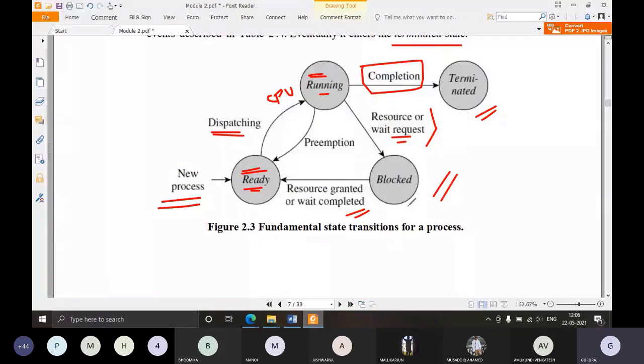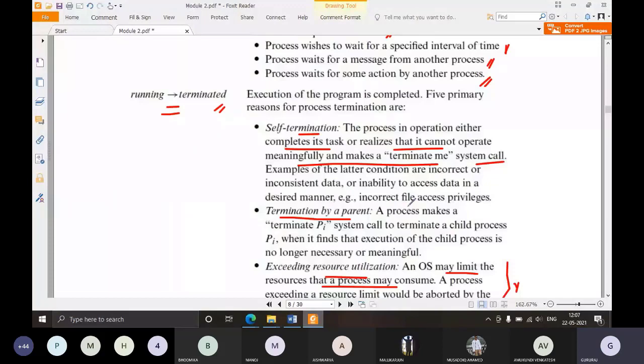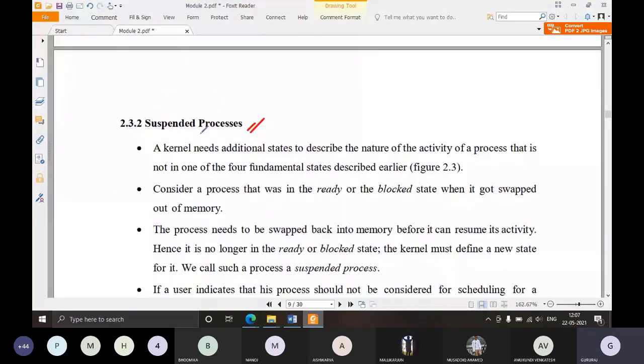In such cases, the operating system decides to add more states. That is what we'll discuss in suspended process. Whenever those four fundamental states are not sufficient, the OS adds these extra states known as suspended states.